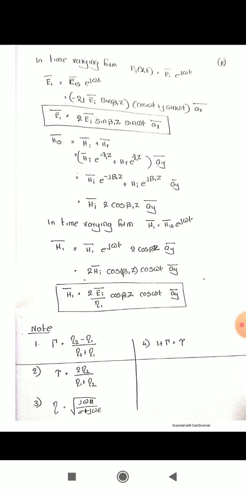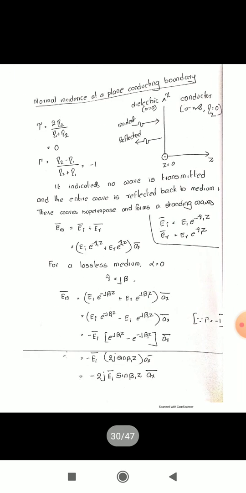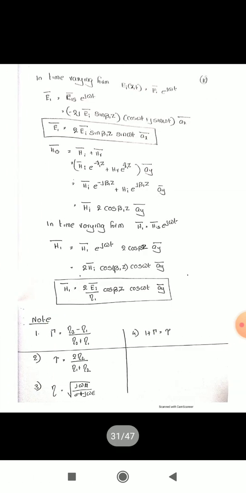By taking the components, remember here HR is equal to HI, whereas ER is equal to minus EI. Because of this, we got a cos term here in this equation.